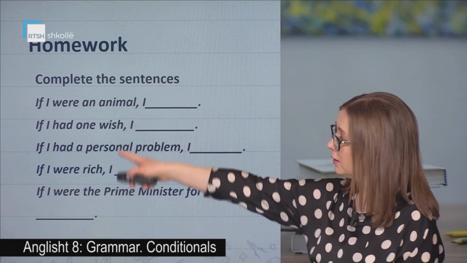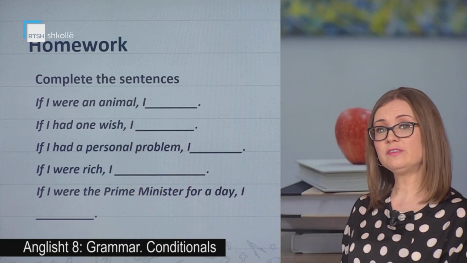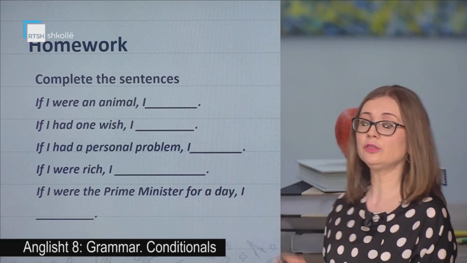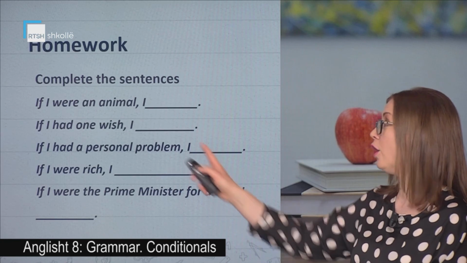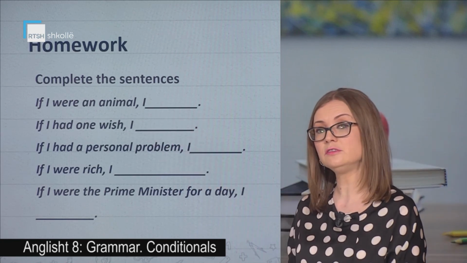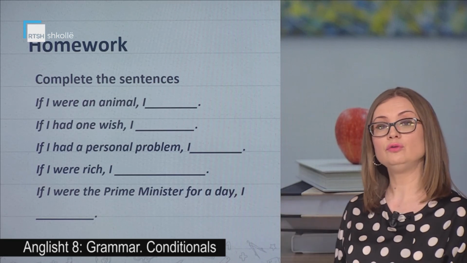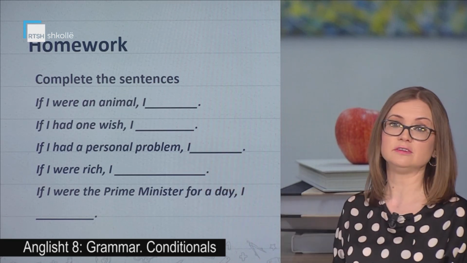So, take notes with the sentences you are going to complete and be careful with the right version of each of the sentences by keeping in mind which conditional clause you should use.